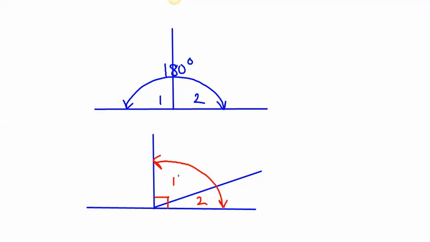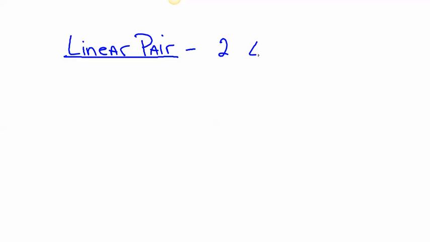Page 38. Linear pair. Linear, not linear par, linear pair. What does pair mean? 2. What does linear mean? Line. So wouldn't this be two angles that make a line? Okay? Two angles that form a line.